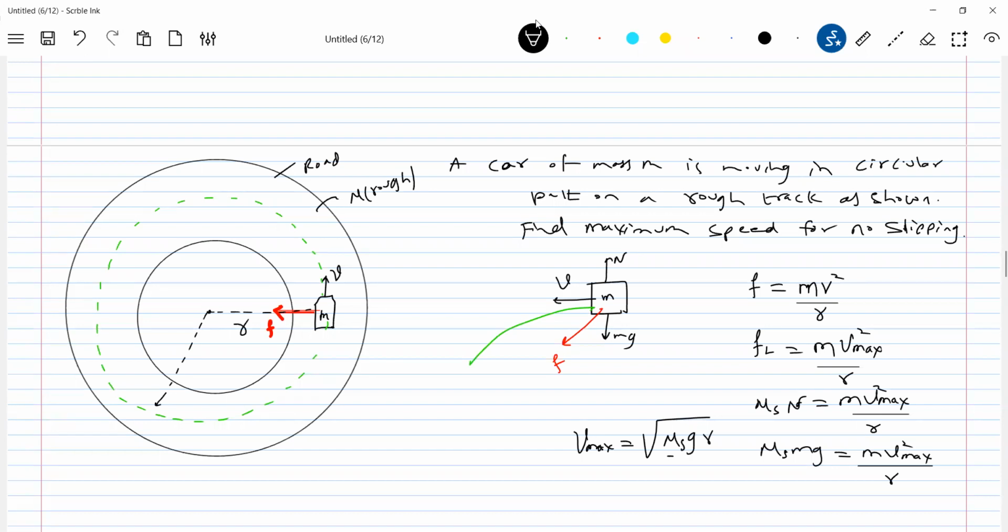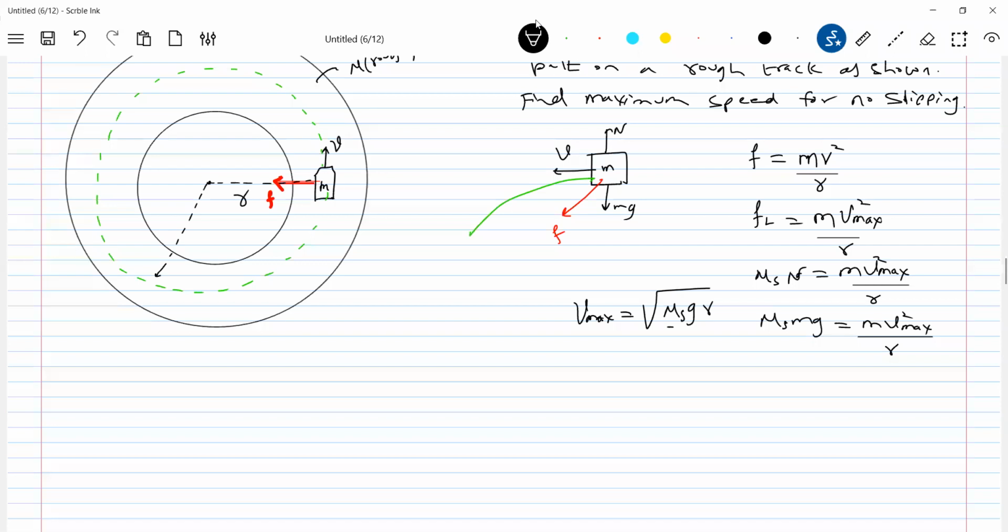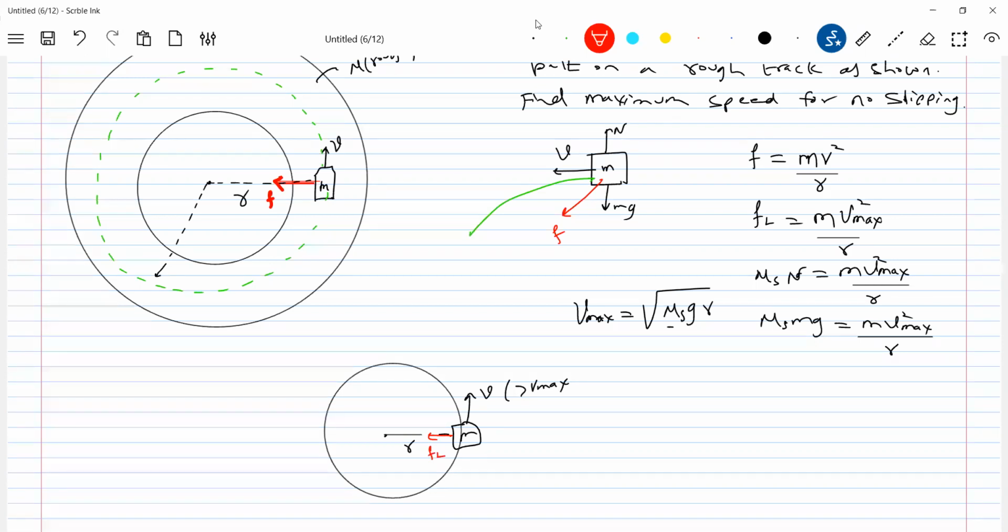What actually happens there? If this is the track and the car is here, with its speed like this, and this is greater than v max, though limiting friction is acting, it will not be sufficient. It is going to leave the path. It is going to go like this.